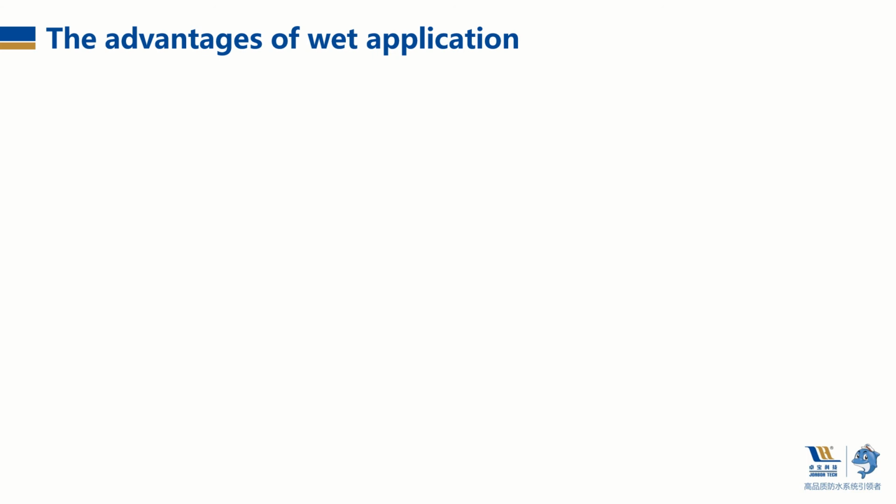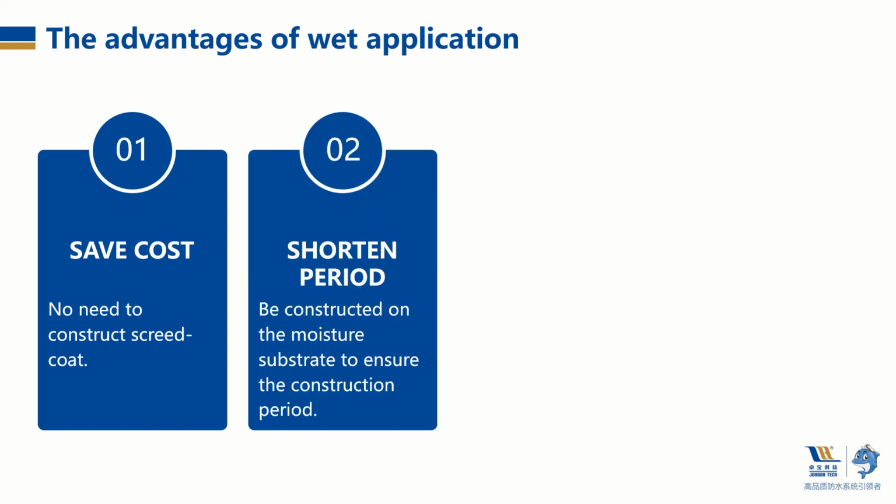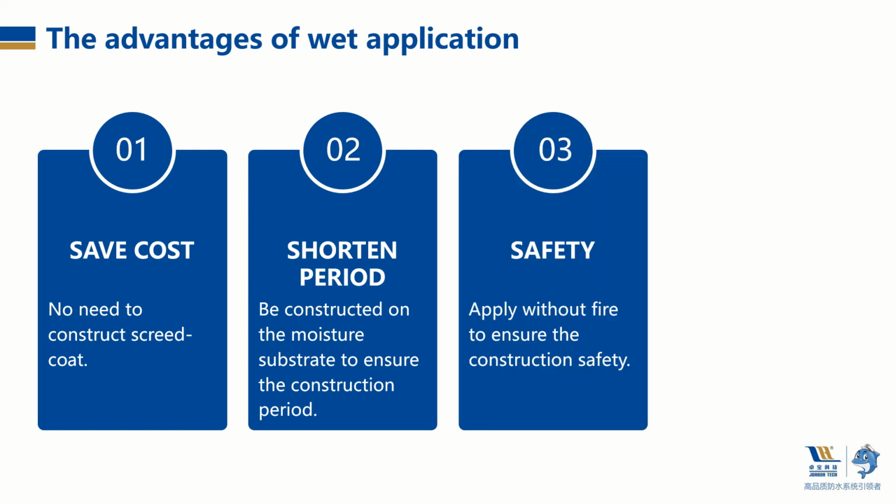There are many advantages for wet application. The first one is saving cost. There is no need of screed coat, so it can save money. The second is shortened construction period. Wet application can be applied on a moist substrate, so the construction period can be shortened greatly, especially in rainy season.